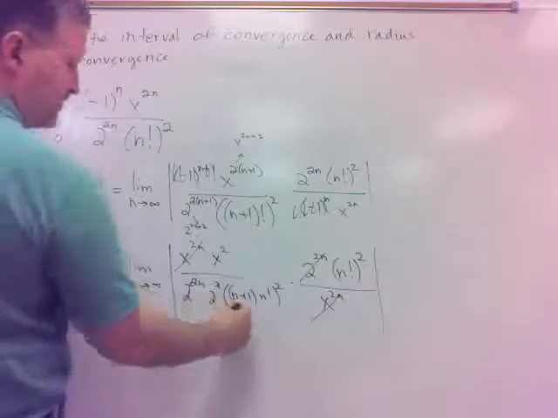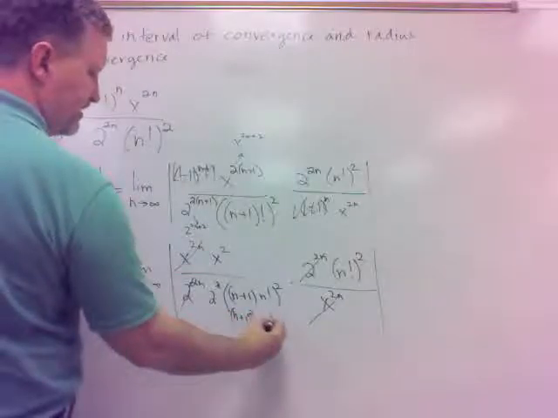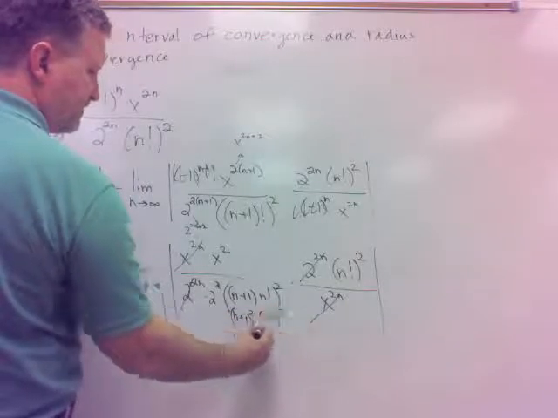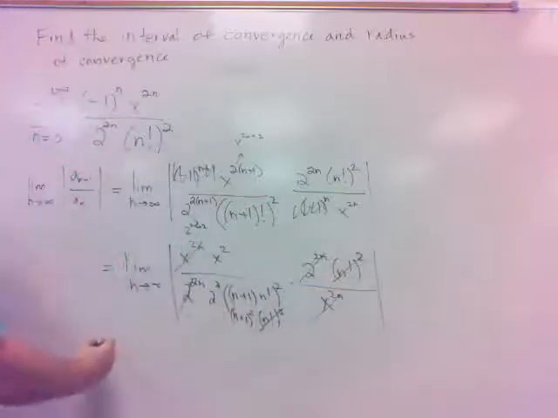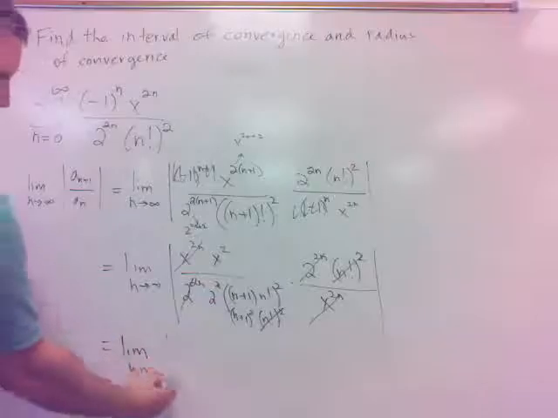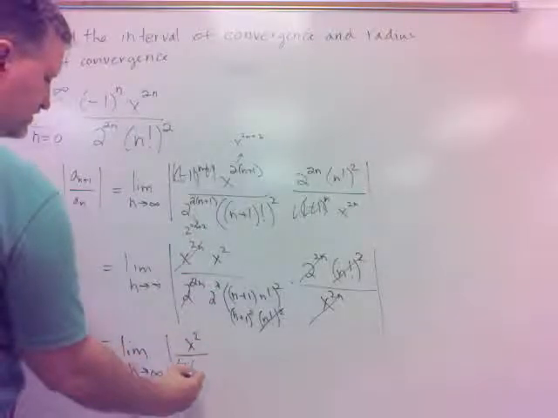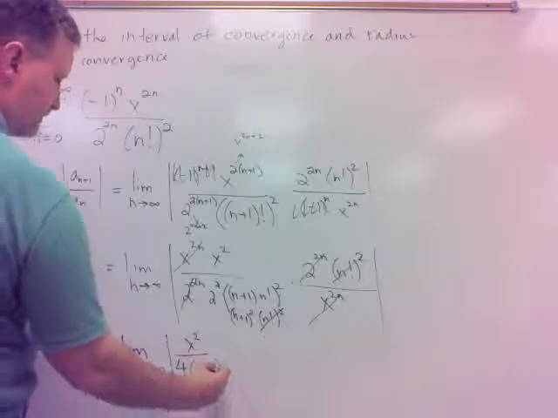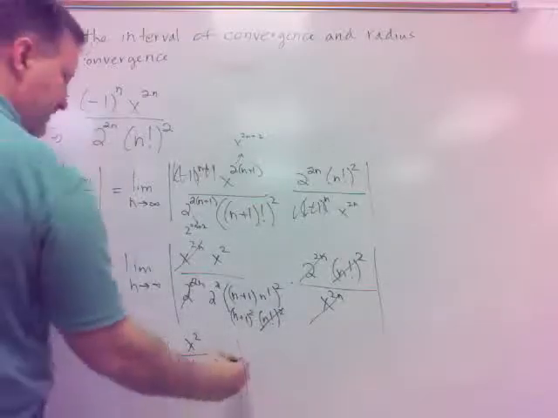Well, this being n plus 1 factorial, I'm not going to write the whole thing over again. That'll be that squared and that squared, right? So that is going to cancel out there. So what do I have? The limit as n goes to infinity of x squared over 4 times n plus 1 squared. Okay, well, let's split that out.